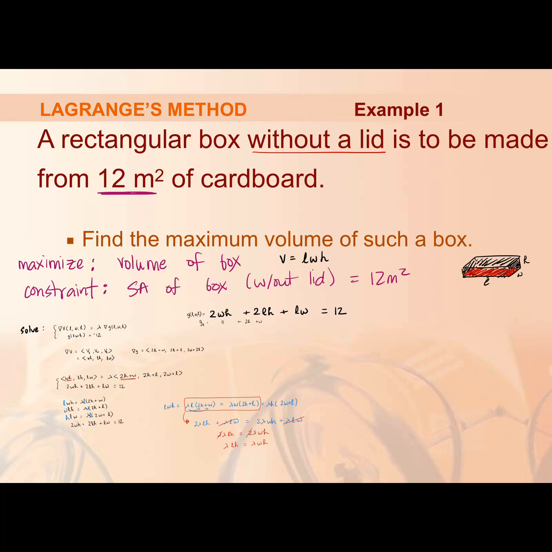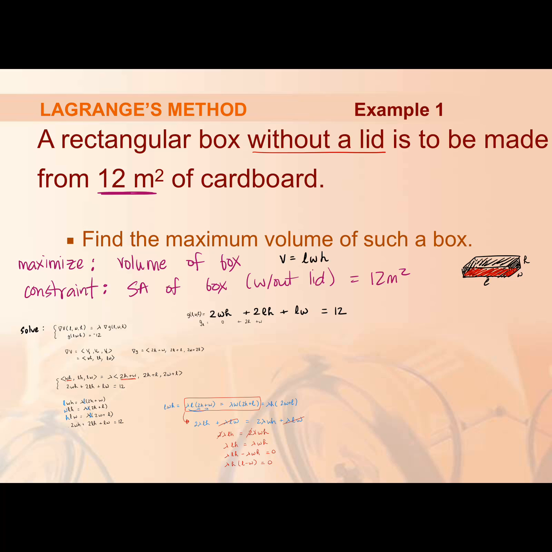Now, I cannot divide by H because it could be that H is equal to 0. Same reason I cannot divide by lambda, because lambda could be equal to 0. So what I can do is say lambda times LH minus lambda times WH is equal to 0. And now factor out lambda H times (L minus W) is equal to 0.